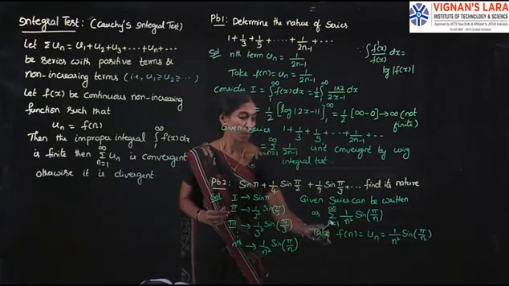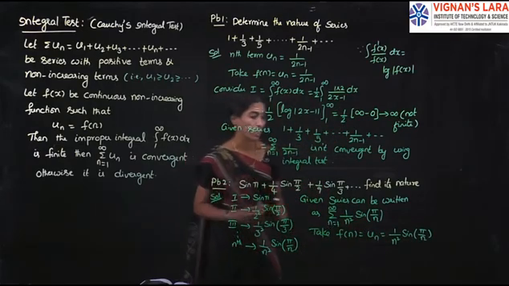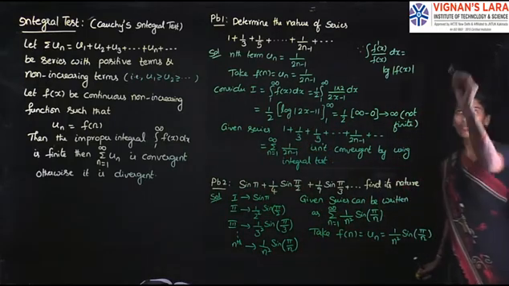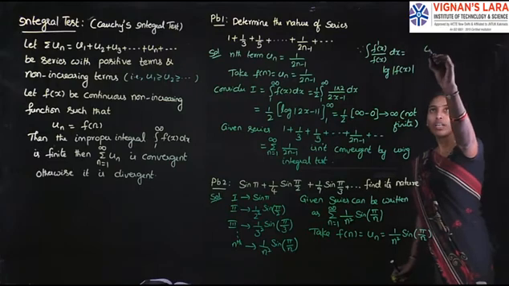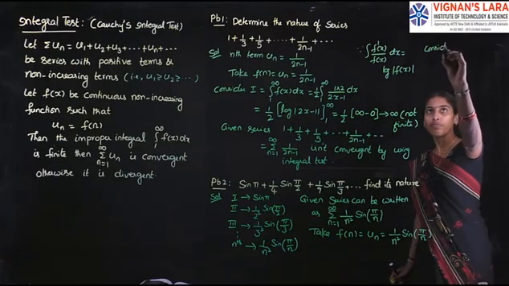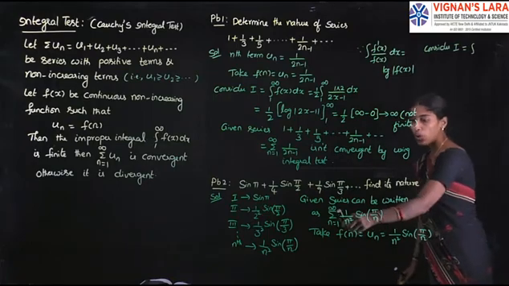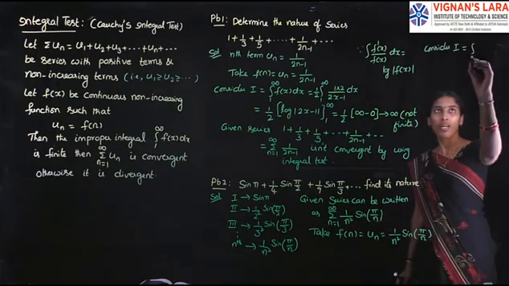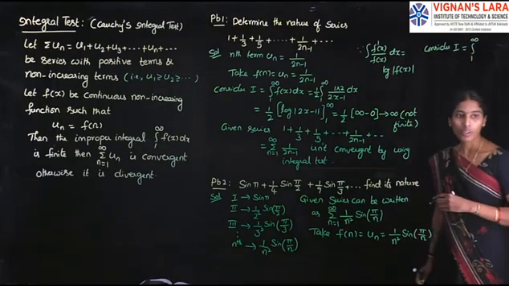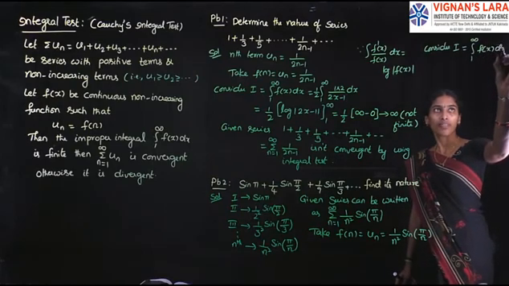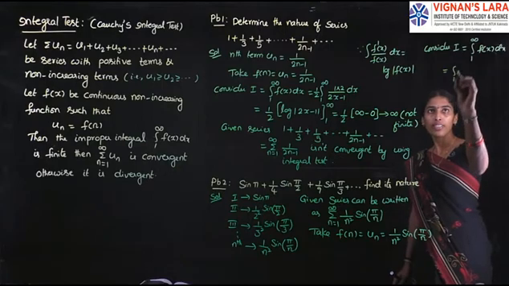In this sigma, n starts with 1 to infinity, so in our improper integral, right, consider I is equal to integration, lower limit of this sigma is 1, to infinity f of x dx. Now evaluate this integral.